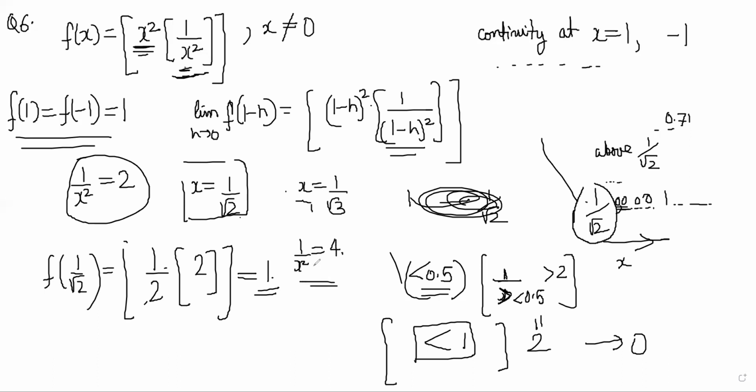So at every such point the value of f(x) becomes 1, but at every point nearby the value of the limit is 0. So all of those points are points of discontinuity. Points like 1 by 2, 1 by root 3, 1 by root 2 are all points of discontinuity, so there will be an infinite number of such points. So that was this one.